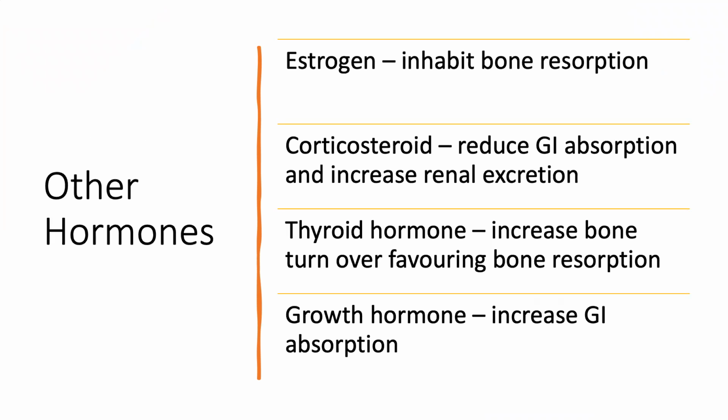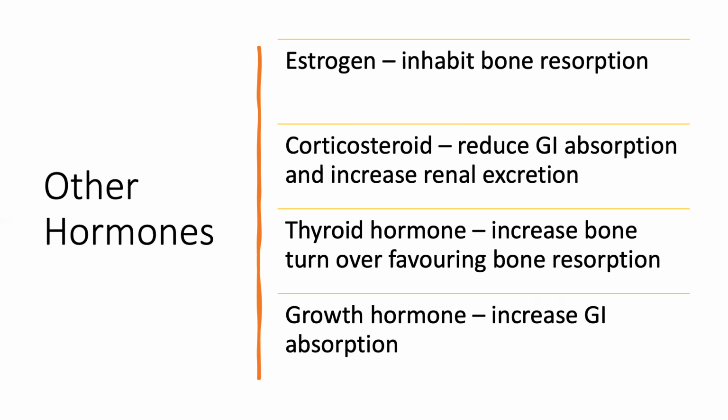Other hormones play a role in bone metabolism. For example, estrogen inhibits bone resorption. Corticosteroid reduces gastrointestinal absorption and increases renal excretion, and therefore, if someone is on steroids, they will lose calcium and lose bone mass.